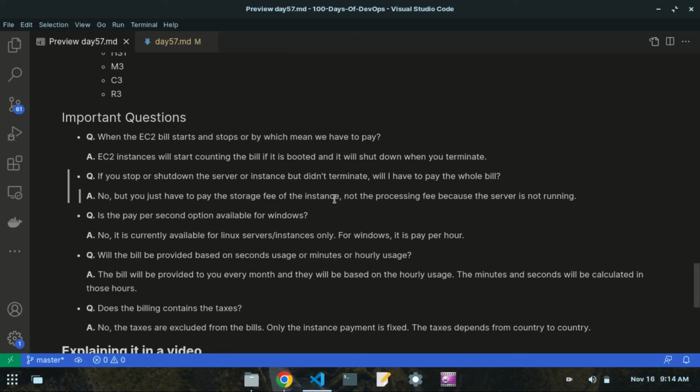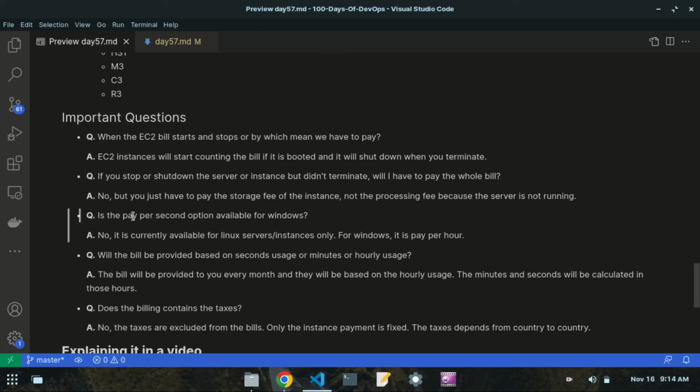The storage that you are currently using will be charged, but the starting fees will not be charged, because you have not started the instance. Only the storage fee will be charged, not the processing fee, because the server is not running.